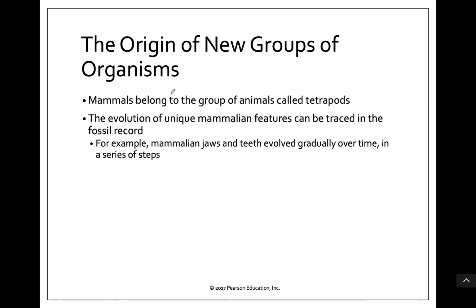So the fossil record can provide us evidence of groups of animals, especially how the evolution or change of those organisms happened over time. So mammals have unique characteristics. We have jaws that have a dentary squamosal jaw joint. We have different teeth.